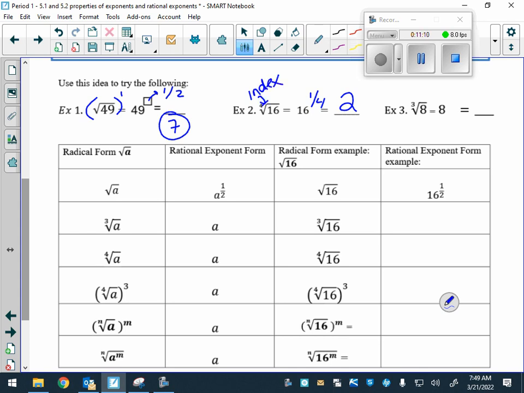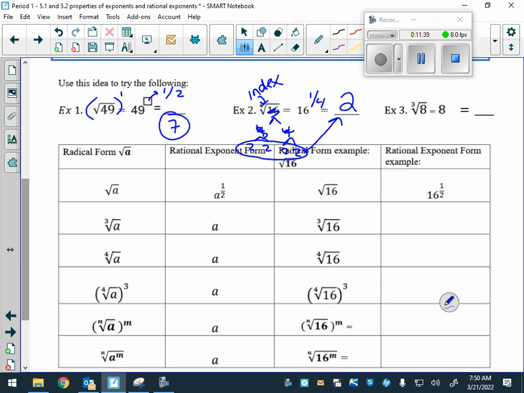If our index changes, and for square roots, it's assumed that they really don't put the 2 there. So anytime we have a different root, that's how many of a kind you're looking for.